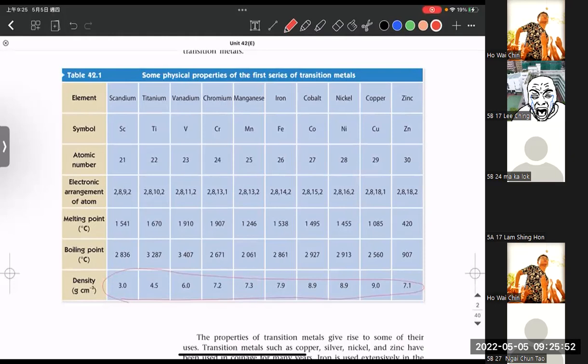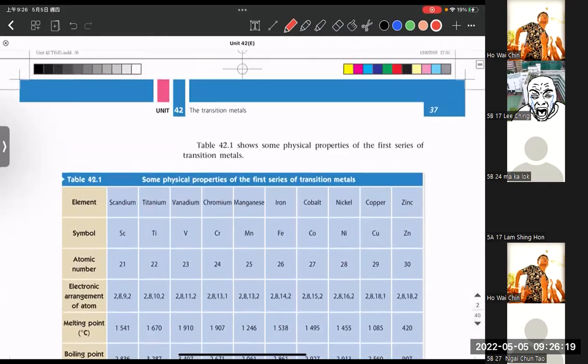It will be slightly lower than 1.0 gram per cm cubed. Just remember that. It will account for its floating on water, when I put a piece of sodium or potassium onto the surface, into water. Finally, it floats on top. And so you may find this. Any questions?